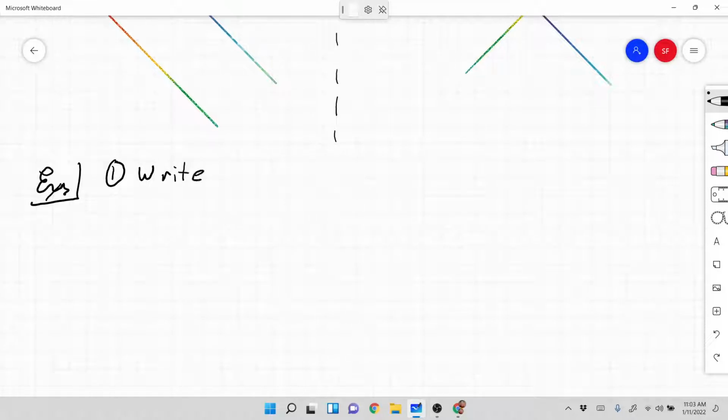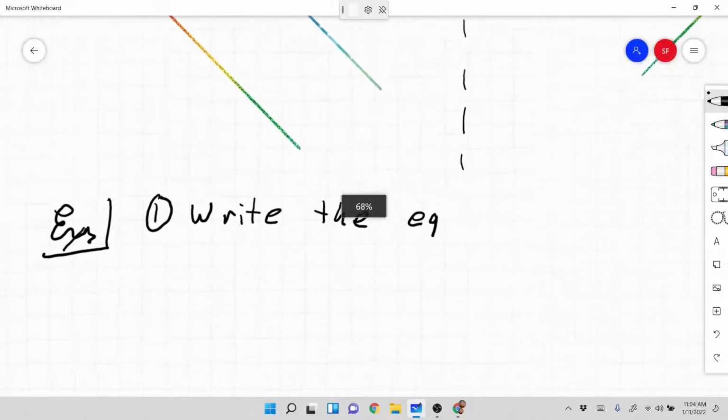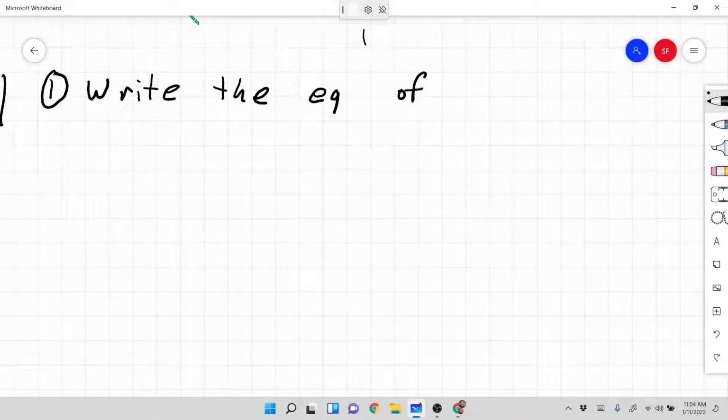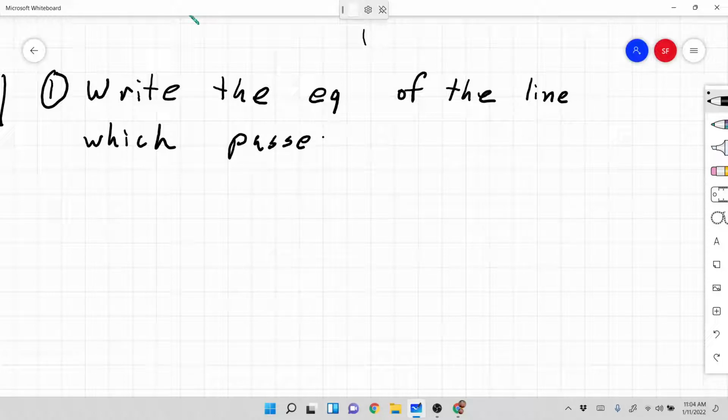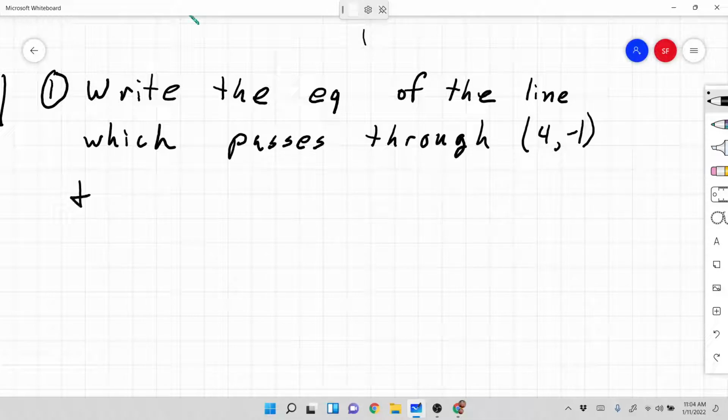Write the equation of the line which passes through (4, -1) and is parallel to negative 3x minus 5y equals 7.